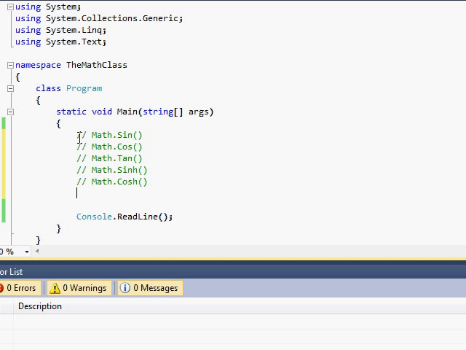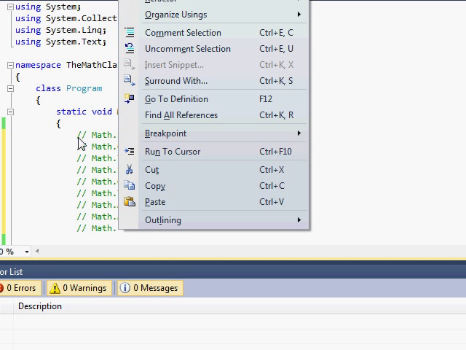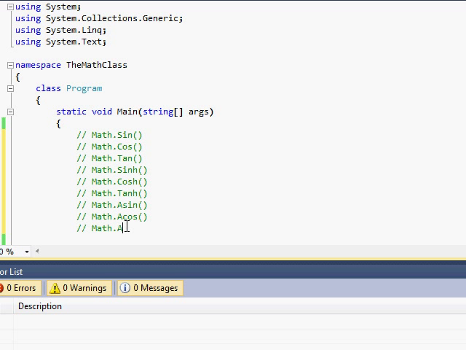I think it's hyperbolic sine or something, but I've never actually done any of that before, so I wouldn't know what it was supposed to come out with. Now, asin is arc sine, basically inverse sine. It's when you're trying to find the angle measure, and these all return angle measures, by the way, except for sine, cosine, tangent. Those don't return angle measures. Those return the ratios. Again, if you don't know anything about trigonometry, then you can pretty much disregard this because you're probably never going to use these.